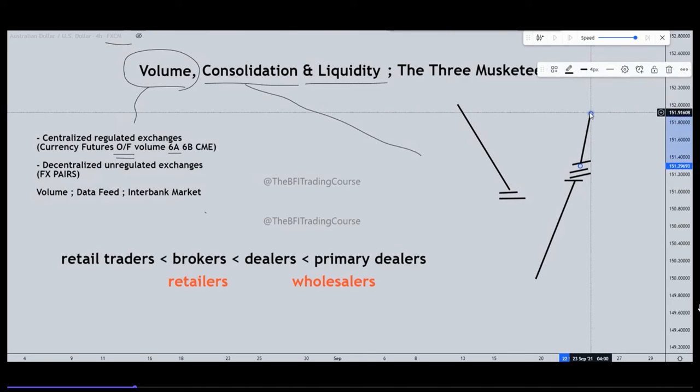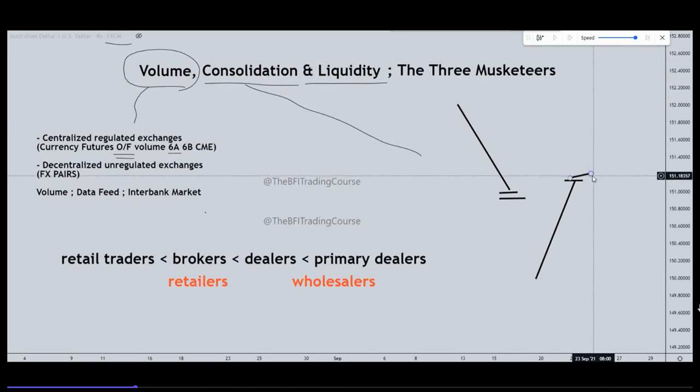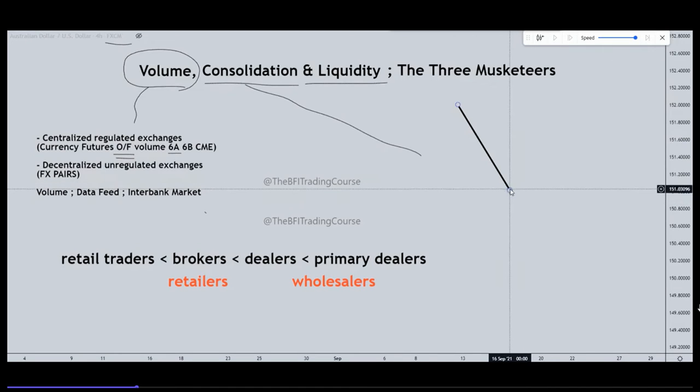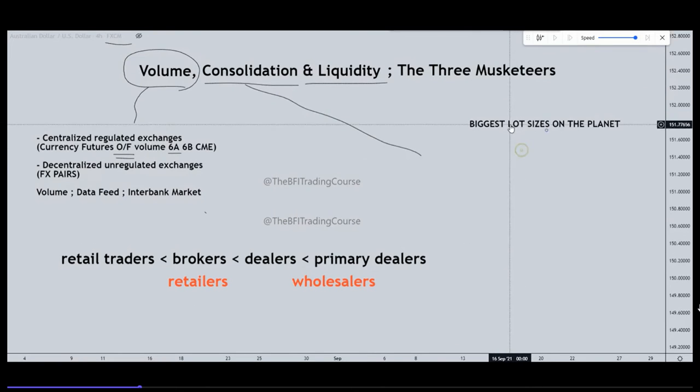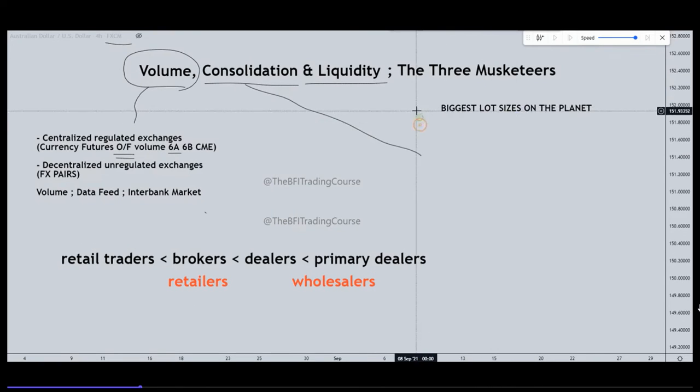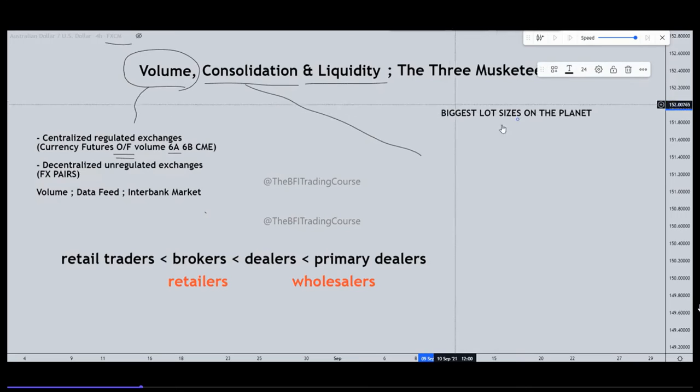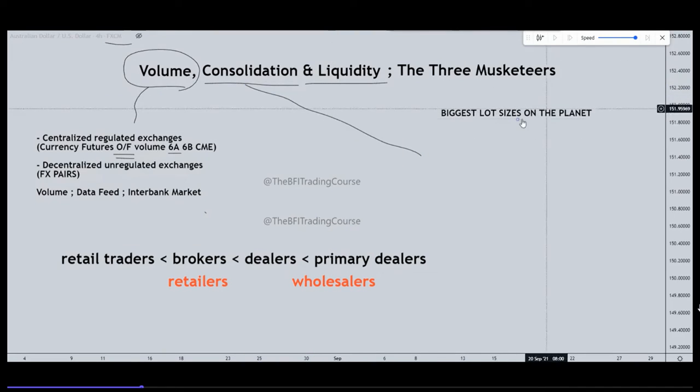That's not how it works, okay? So let's think about how they can buy and sell, how they click, okay? You need to understand that the biggest lot sizes on the planet, that's a whole nother game. You need to think a little bit different, not a little, a lot differently, because this is how they can operate.